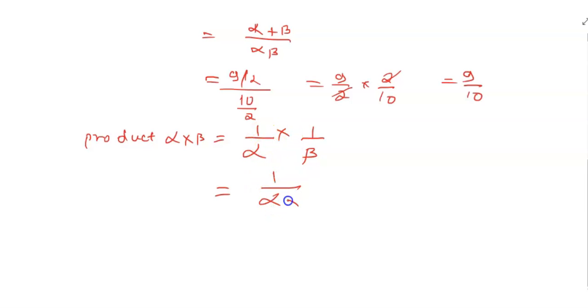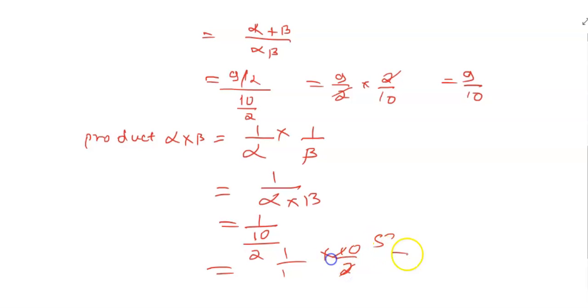It can be 1 over alpha beta. And we know the value of alpha beta is 10 upon 2. So this I can write as 1 by 1 into 10 by 2. So 2 ones are 2, 2 fives are 10, it will be 1 by 5. Now you got the sum of zeros and product of zeros.